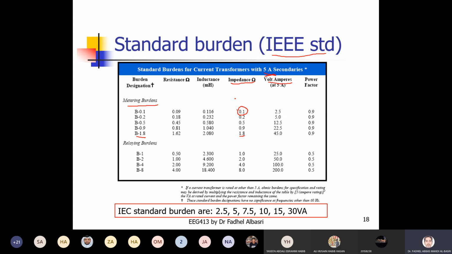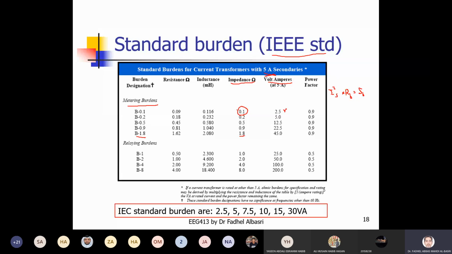So you take the rated secondary current squared times the resistance burden, and you convert to S burden in volt ampere. The secondary is 5 ampere, so 5 squared is 25, 25 times 0.1 ohm gives 2.5 volt ampere.